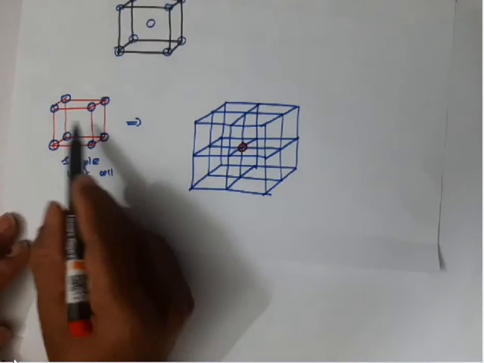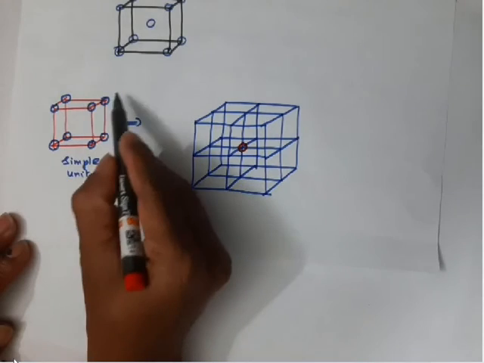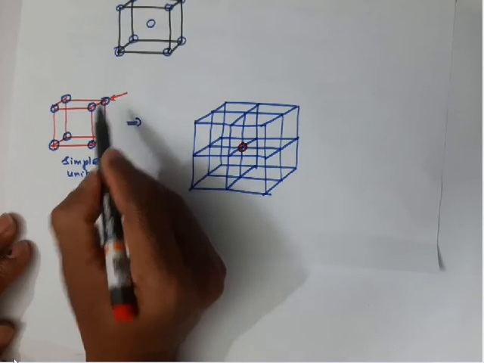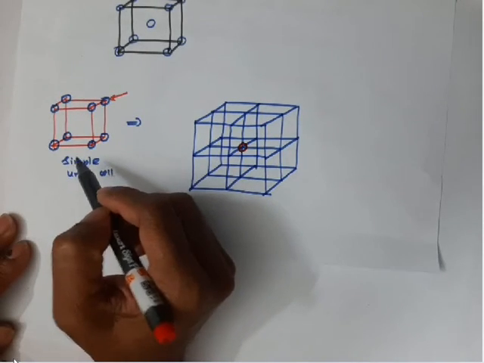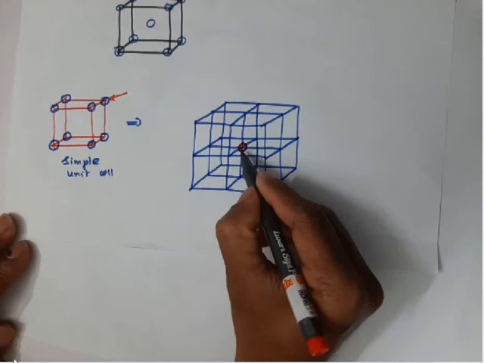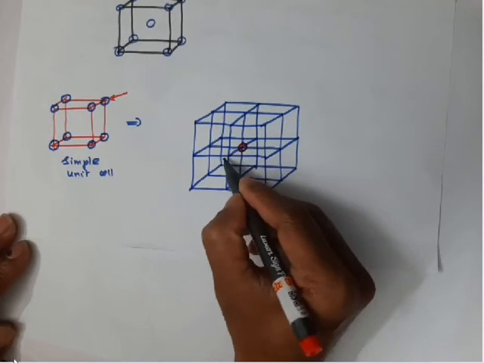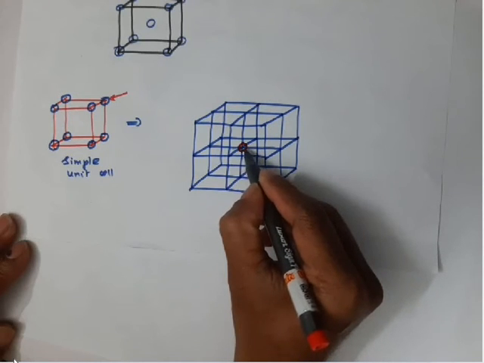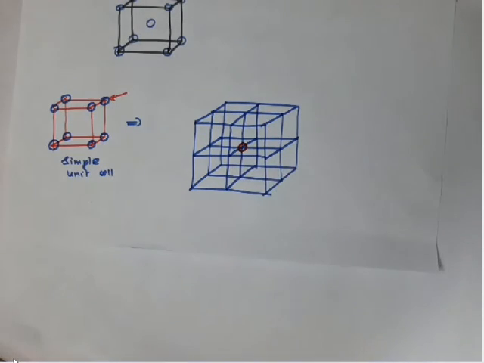When you take only one unit cell, yes, this particle is present at one corner. But in the crystal lattice, it is present at the corners of 7 unit cells, I'm sorry, 8 unit cells totally. Therefore, each particle present at the corner is shared by 8 unit cells. That's the point.